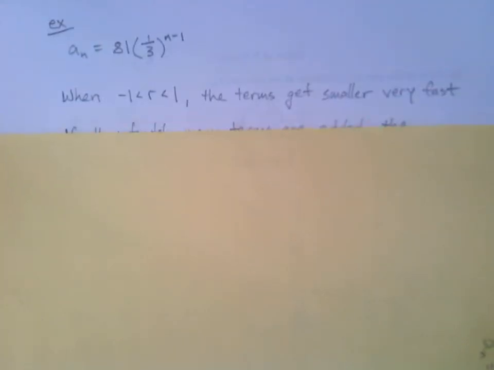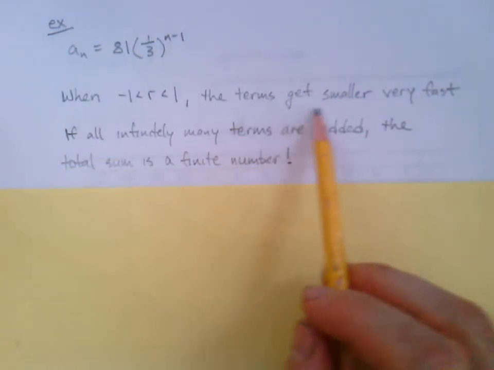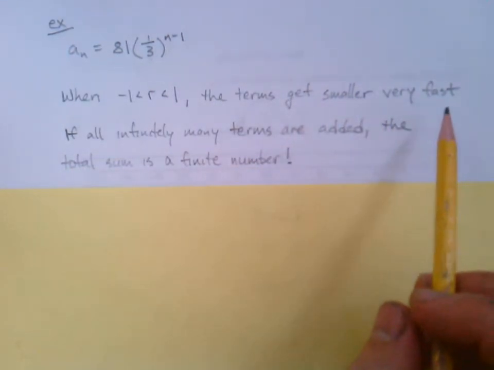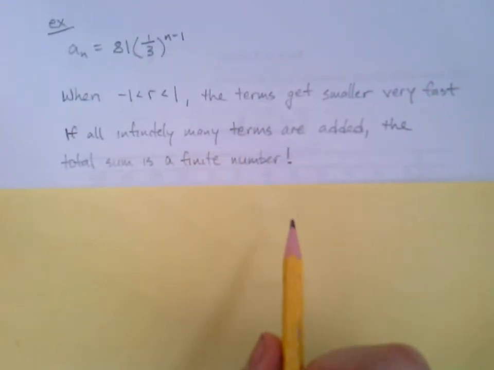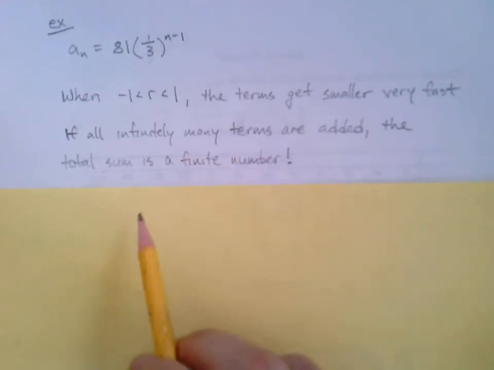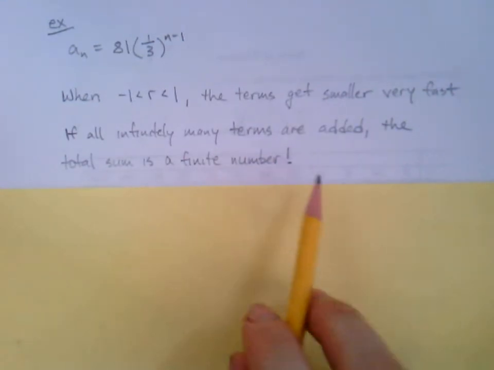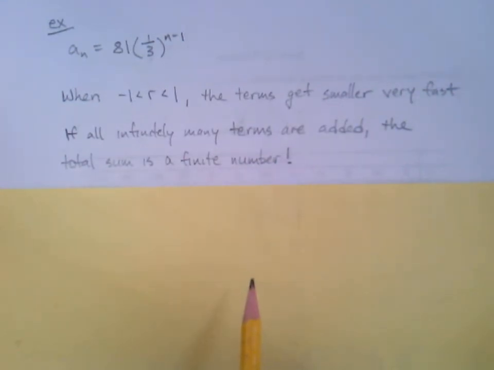Okay, what does that mean? If the terms are getting smaller really fast, if you were to add all infinitely many terms together, the total sum of all of those infinitely many terms would be finite. You think that's impossible. How can you add infinitely many numbers together and it not add up to infinity?